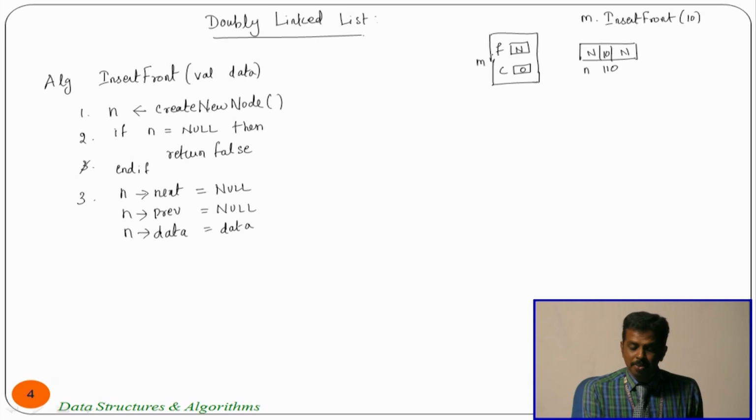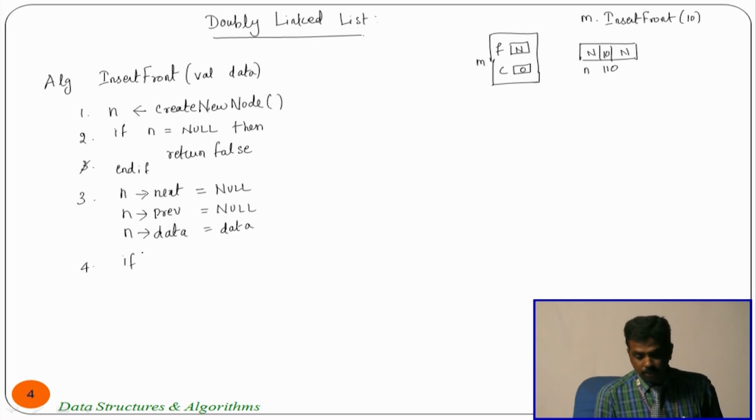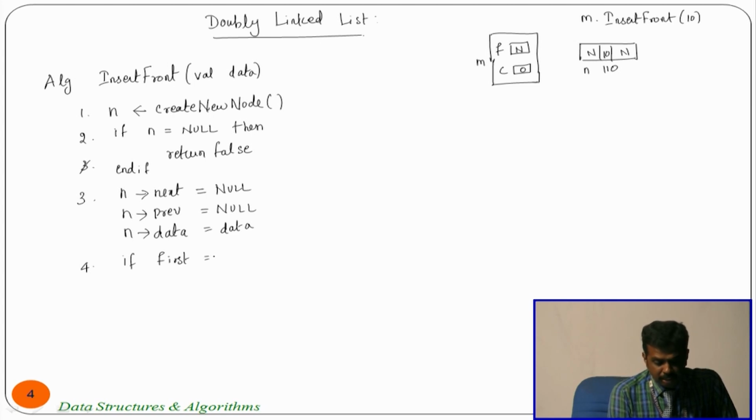Okay. So just you check if the list is empty. After creating this link, you can return true. So that is the fourth step. If the current first is equal to null, it means that initially there is no node in that list.